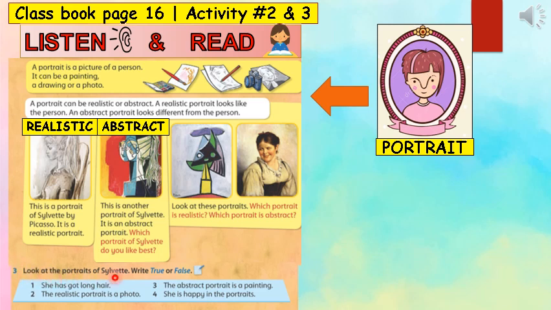Look at the portraits of Sylvette. Write true or false. Okay, in the portrait of Sylvette, she has got long hair, yes or no? Tell me.